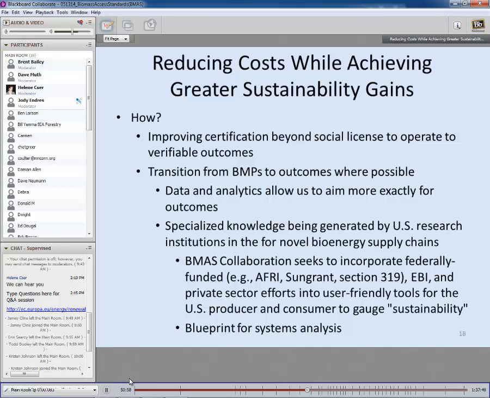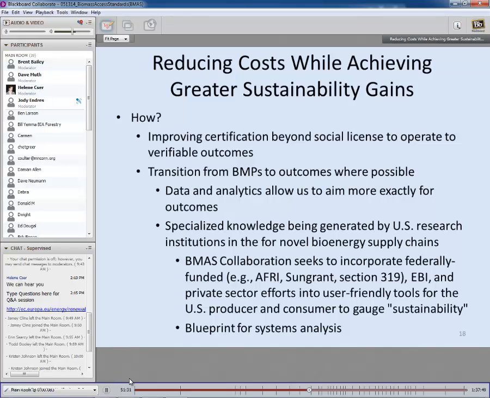Sun Grant, the Section 319 water quality programs that are funding water quality initiatives out there, the institute where I have an appointment at the University of Illinois, the Energy Biosciences Institute, private sector efforts. We want to turn all of that research that at least I see in my EBI group presentations, all of these awesome data that we're collecting in analytics, into a user-friendly tool for a U.S. producer or consumer to gauge their sustainability.